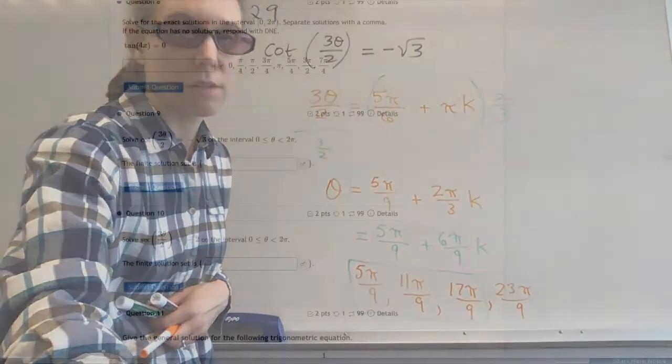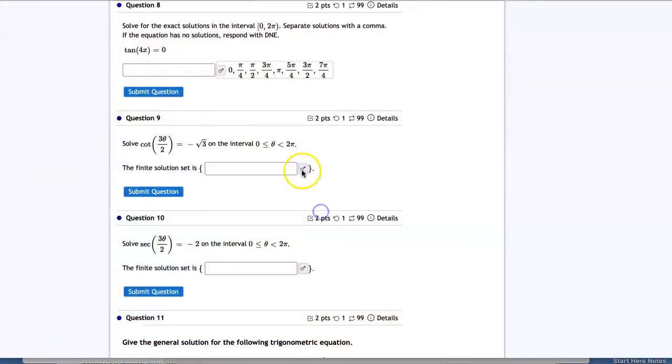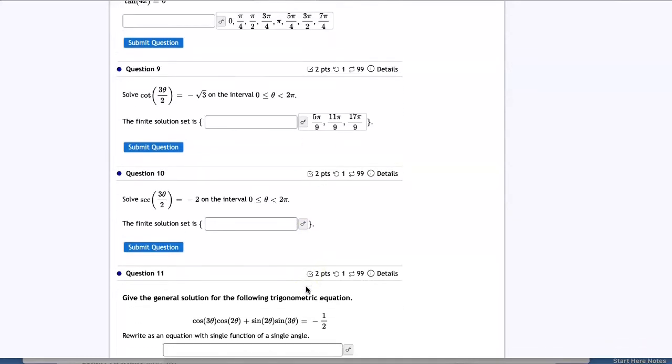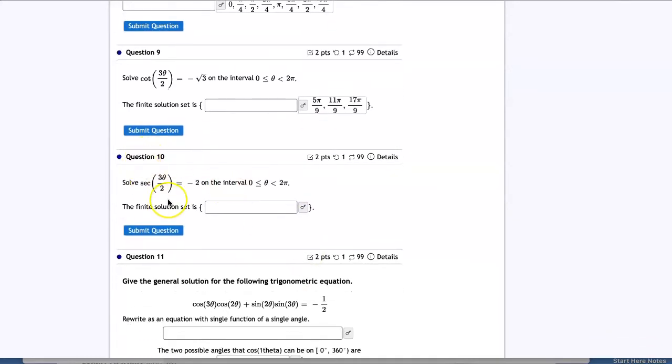So going back to the computer here, you can see my solution set: 5 pi over 9, 11 pi over 9, 17 pi over 9. Okay, I think you can do question 10. It's the same concept, except that secant, remember, has a period of 2 pi, so you will need to have 2 different sets of solutions there.